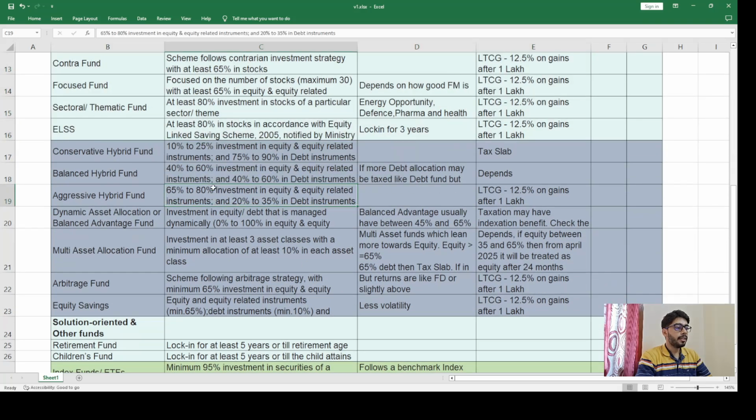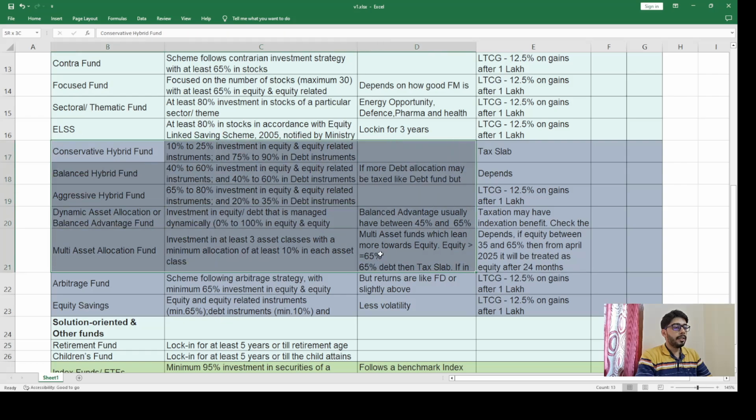Apart from that, there are a little bit complex categories. These are categories which fall under equity as well, but based on the way the stocks or instruments are bought by the fund manager, they might also fall in the debt category or the multi-asset category. So you have to be a little careful here.